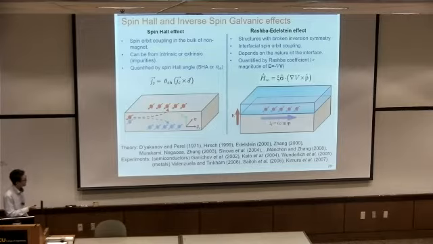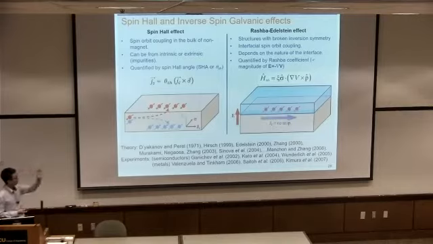Experimentally, Ganichev in 2002 showed the spin galvanic effect, in which he shined circularly polarized light on gallium arsenide and measured charge current. In a metal, Valenzuela and Saitoh used the inverse spin Hall effect in platinum. They injected the spin current and measured charge current. So that is basically the history of this field.